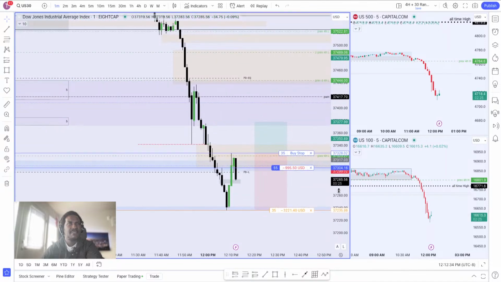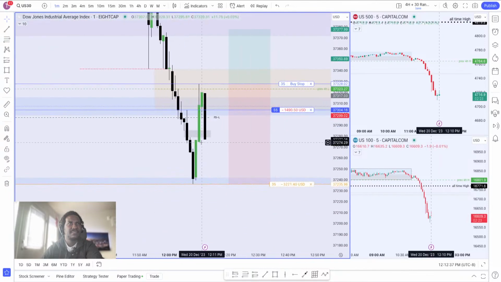So we do have an inverted fair value gap here. Let's see if that will hold, if that is crossed. And actually we do have a fair value gap anyway. We can focus on that. I'll just include both of them. So we do have a fair value gap and an inverted one over there.